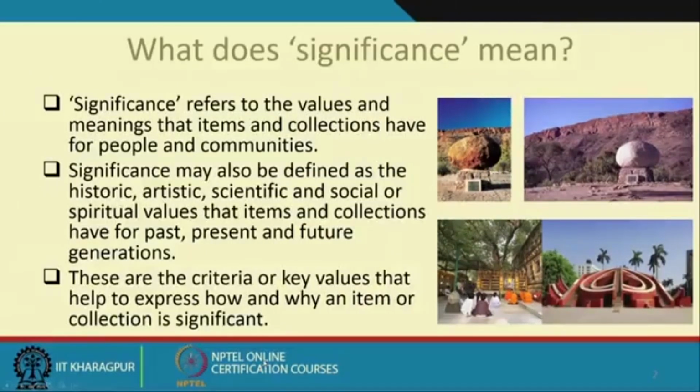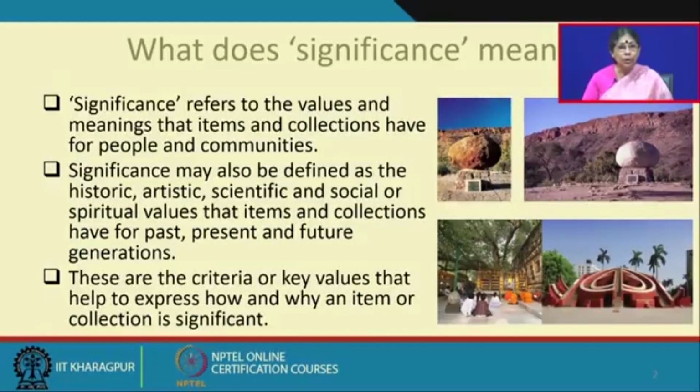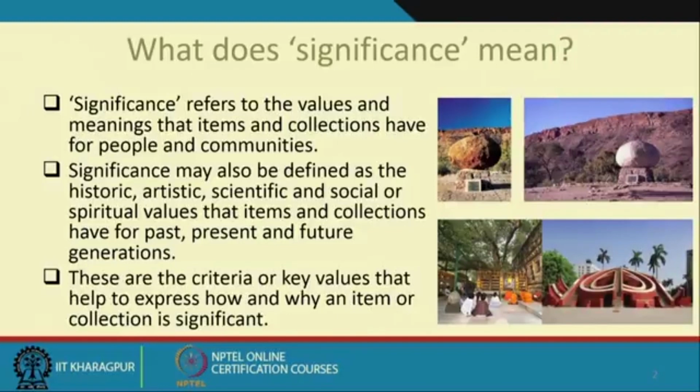So, just to have a recap of what we discussed, even that stone in Australia, we talked about how understanding the values and significance led to a proper conflict resolution between two conflicting groups. So, what does significance mean? Significance refers to the values and meanings that items and collections have for people and communities.